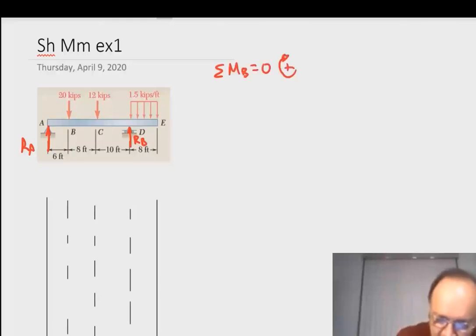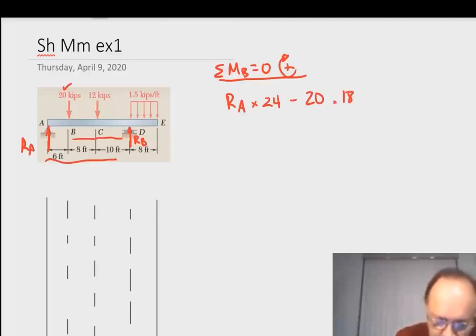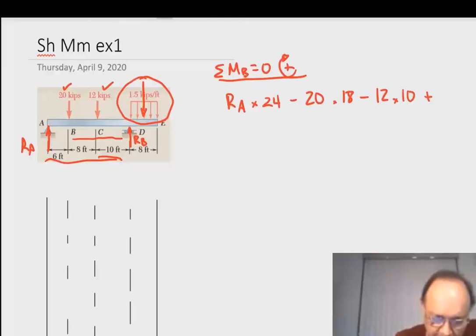I like this. So I do RA times this distance, 24, minus 20 kips times this distance, 18, minus 12 kips times 10 feet, plus, now this load, you have to replace by an equivalent concentrated load that will be here in the middle.